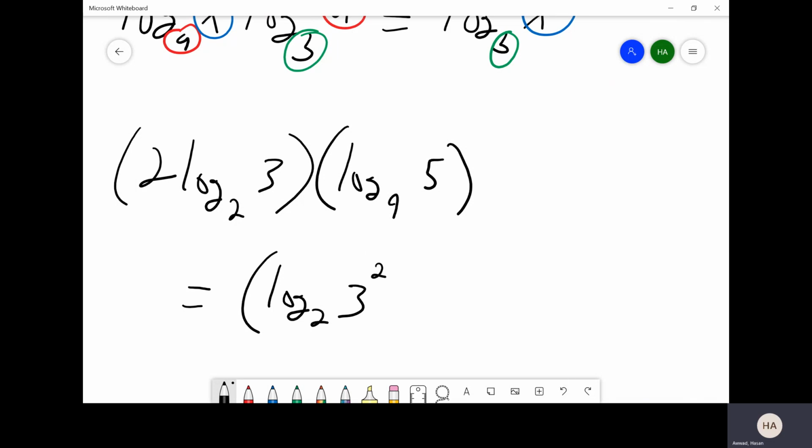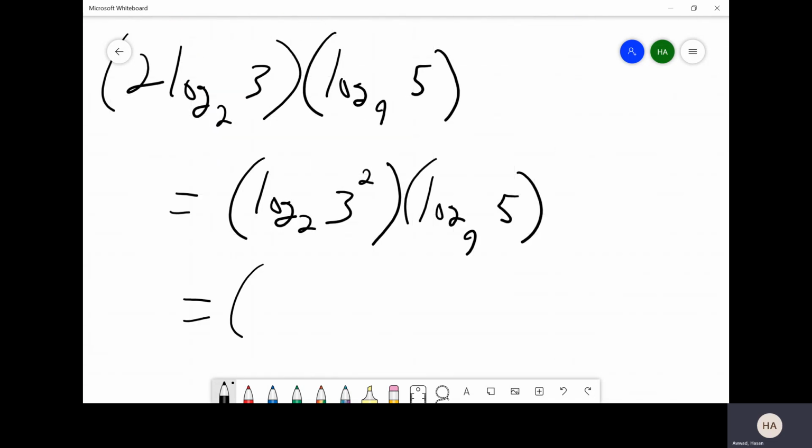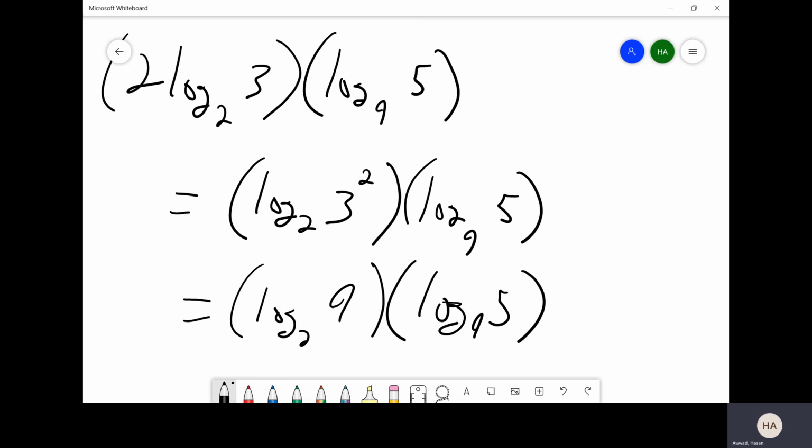That value is 3. So I have log base 2 on 3 squared times log base 9 on the value 5. And what this allows me to do when I simplify this one more time is I have log base 2 of 9, since 3 squared is 9, and log base 9 of 5.